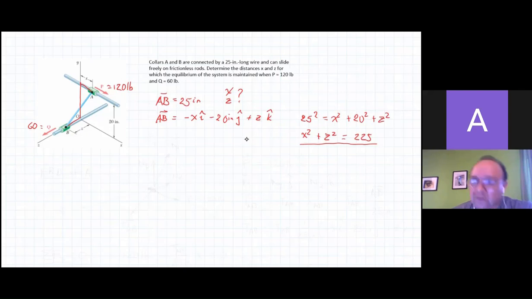In order to do that, what we have to do is to set up first a free body diagram of the collars. Let's start with the collar at A. Let's do the free body diagram of A. Let's do some system of axes here for collar A. Let's put a y-axis here, an x-axis here, and a z-axis here.